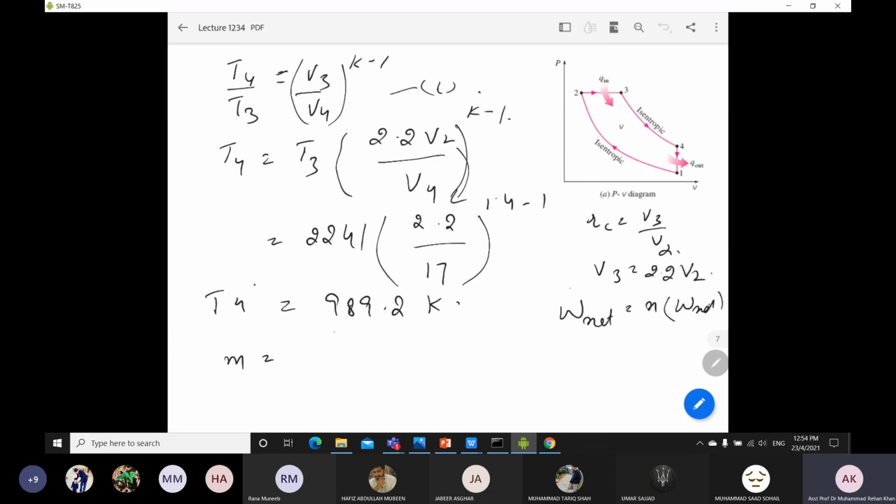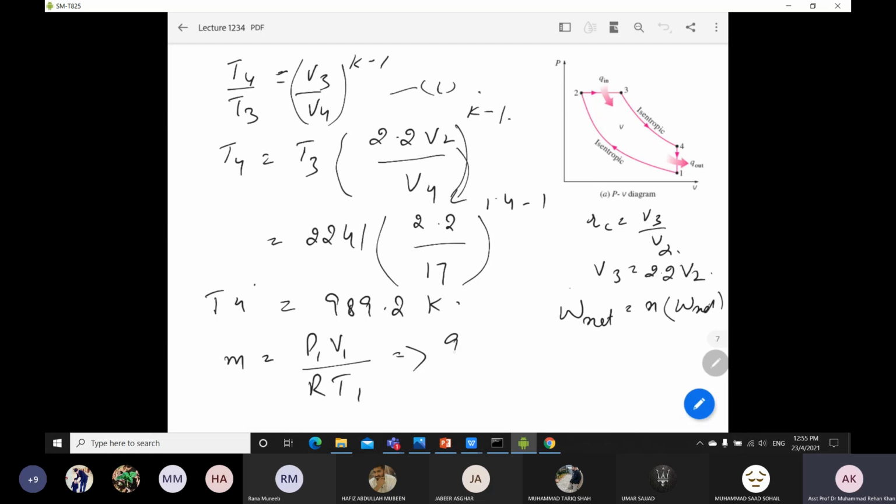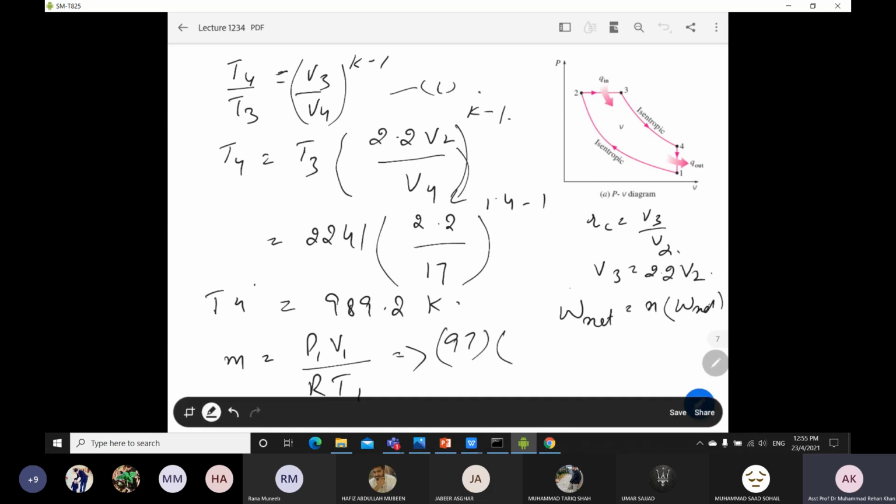So M is equal to P1 V1 over R T1. So P1 value is known to us from the question, so P1 value is 97 kilopascal. Okay, V1 is from your question, it is mentioned, a 2.4 liter diesel engine.